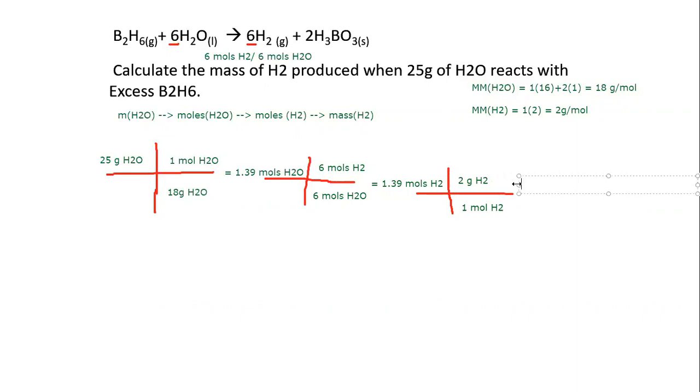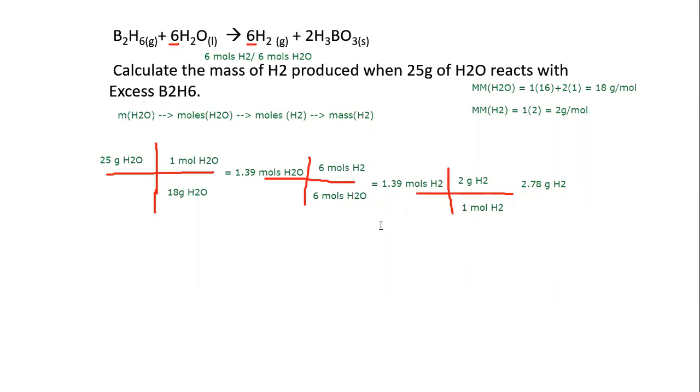And we get 2.78 grams of H2. So if all of the 25 grams of water reacts, the most H2 you can form is 2.78 grams.